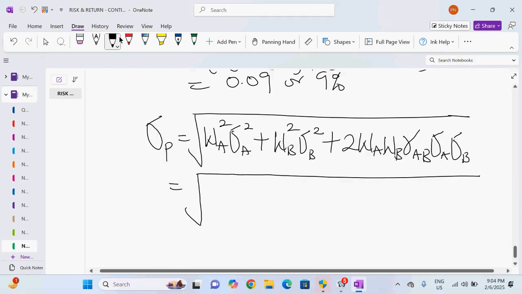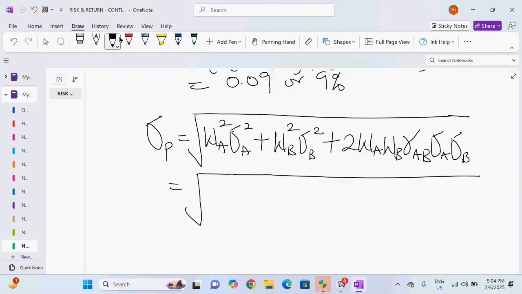So let's input the variables. What are the values for them? So weight of A is how much? 0.5. So 0.5 squared.